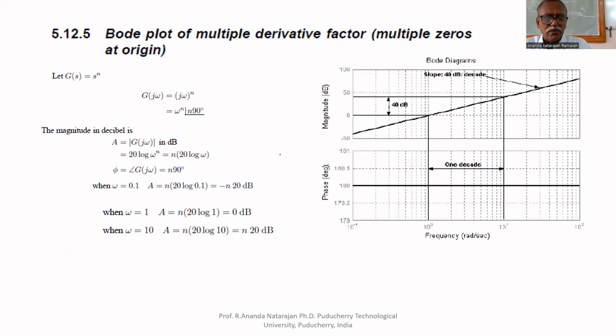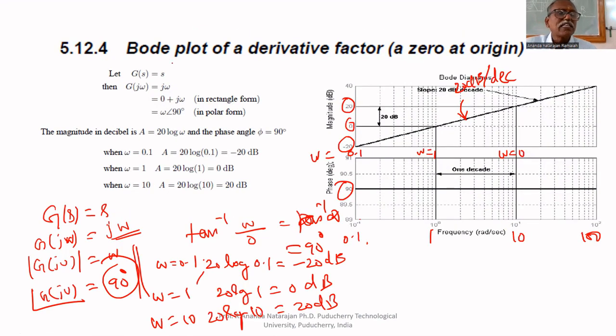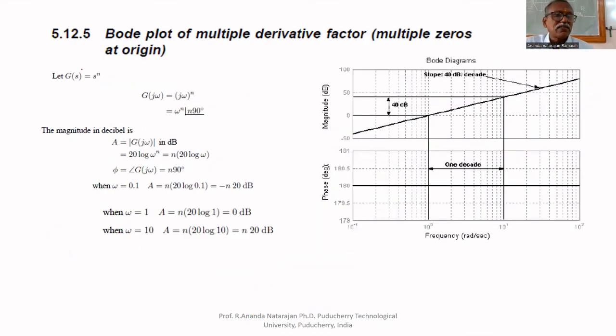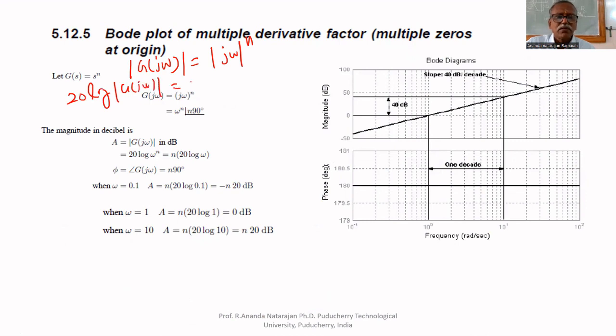Multiple factors. G of j omega equal to s power n. In that case, what will you get? Modulus of G of j omega equal to modulus of j omega to the power n. Therefore, 20 log modulus of G of j omega in dB scale equal to 20 log omega to the power n, that is n 20 log omega.